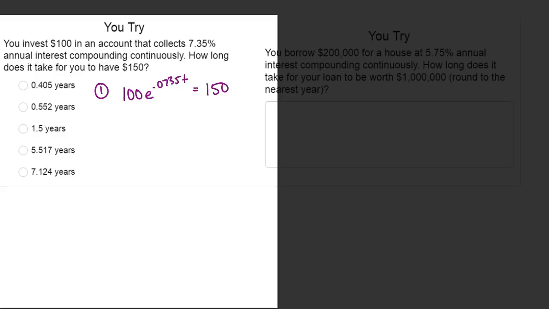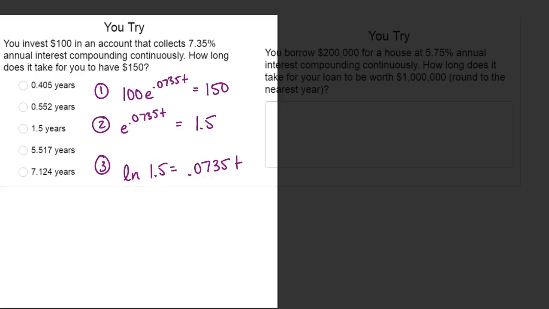Now, that's our first step. The second step is to isolate the exponential, so we want to get the e by itself. I'm going to do that by dividing both sides by 100. So now I have e to the 0.0735t equals 1.5. The next step is to convert this to logarithm form. So this would be a log with a base e with a value of 1.5 equals our exponent.